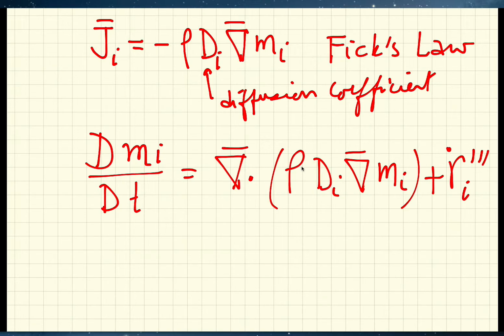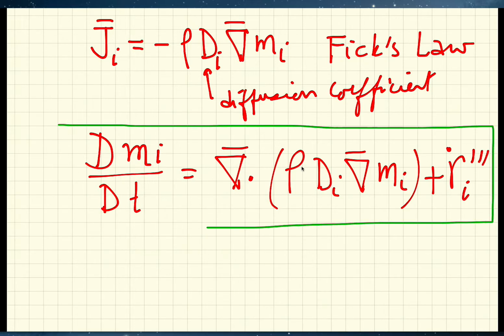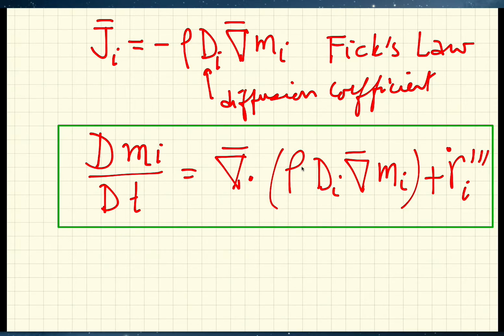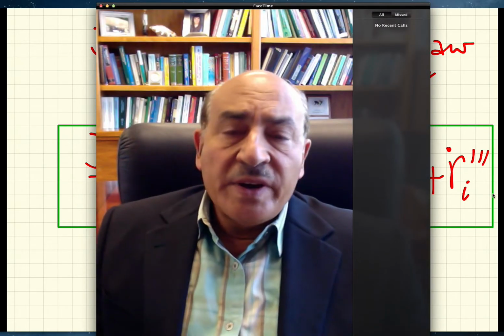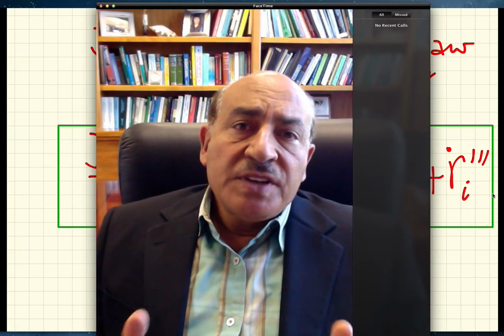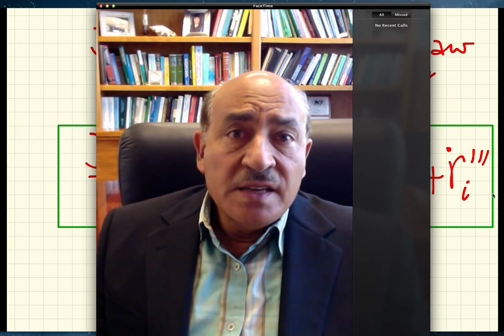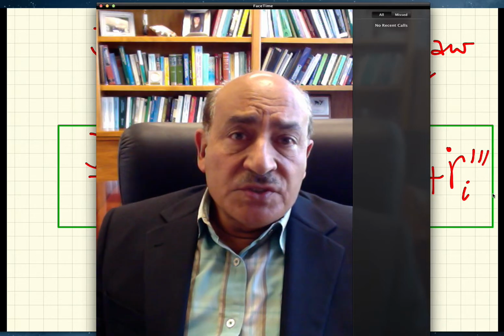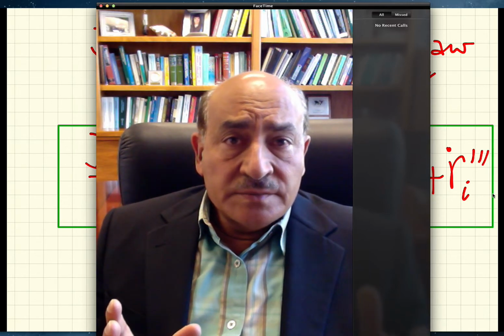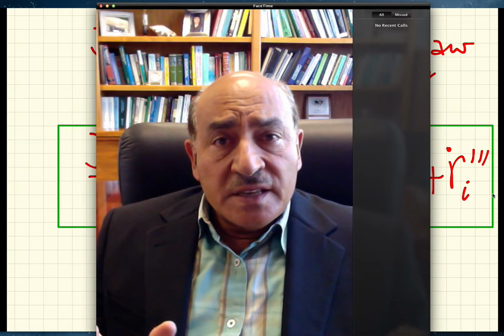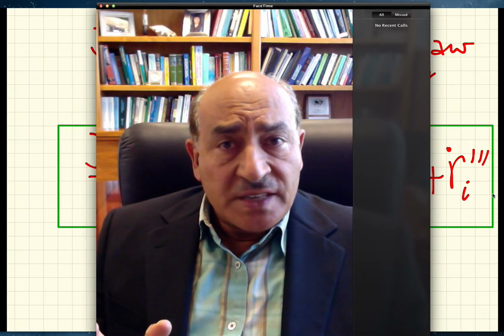So we have now a nice form that we could use for a moving fluid, for example, like in casting, if we are looking for the concentration of different species. And in this equation, we have the total rate of change, the material derivative of the fractional concentration of species I. That rate is equal to the divergence of a flux plus the rate of chemical production, if any.